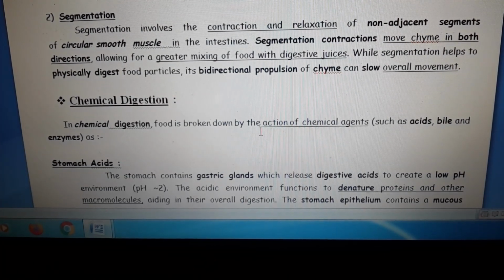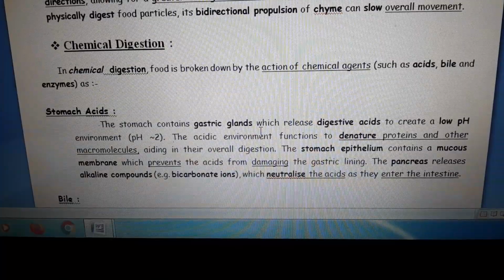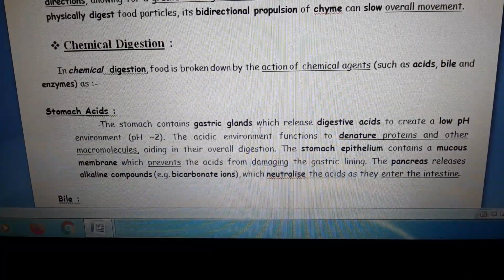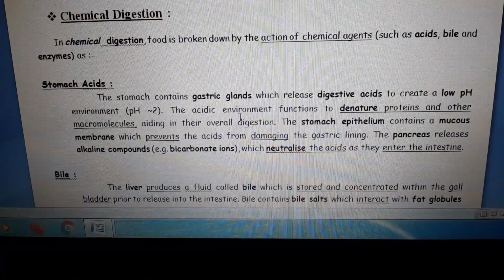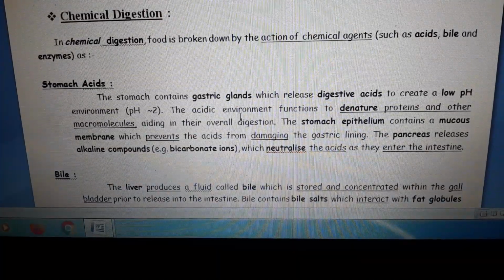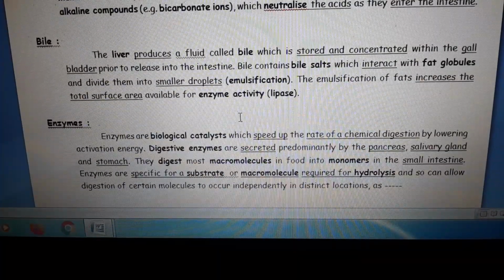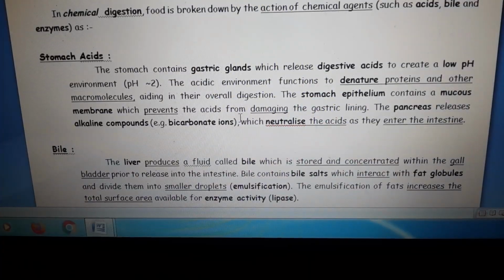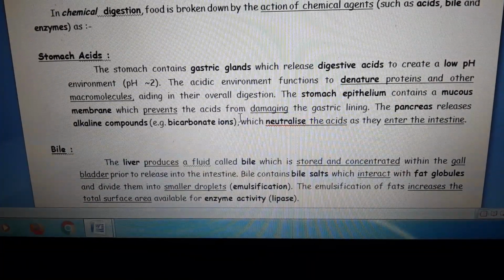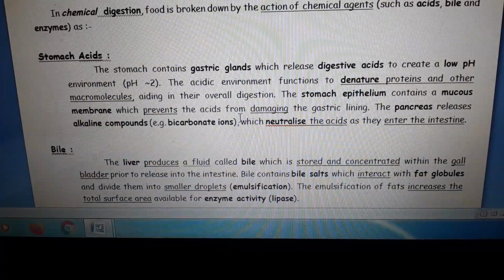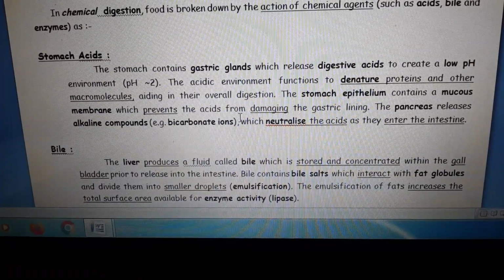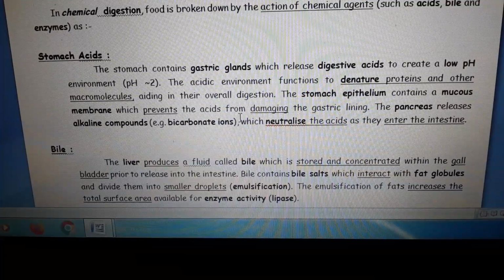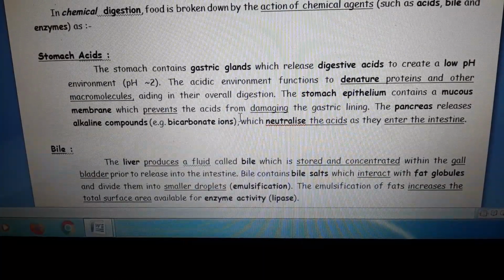Then I come to chemical digestion, and first of all we should know what the chemical agents are which perform the chemical digestion. The chemical agents are the stomach acids, bile, and enzymes. The stomach acids are present within the stomach and are released from different gastric glands of the stomach.